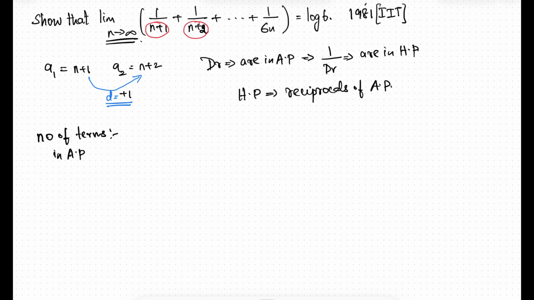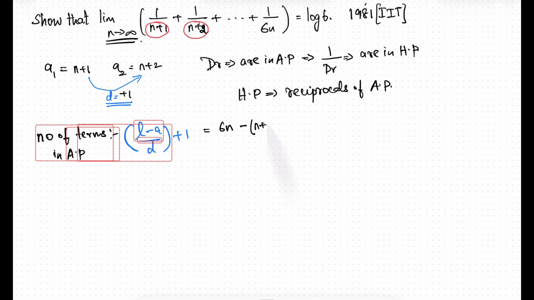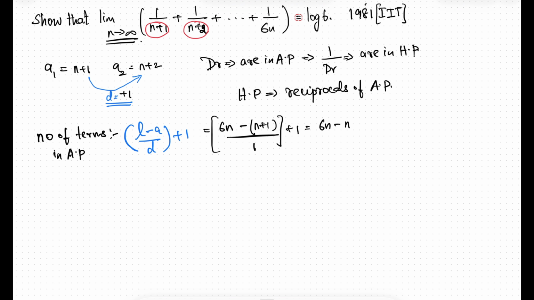The formula is (L minus A) by D plus 1, where the last term is 6n, the first term is n plus 1, and the common difference is 1. So it is 6n minus n minus 1, plus 1. The minus 1 and plus 1 cancel and you have 5n. So the number of terms in this progression is 5n.